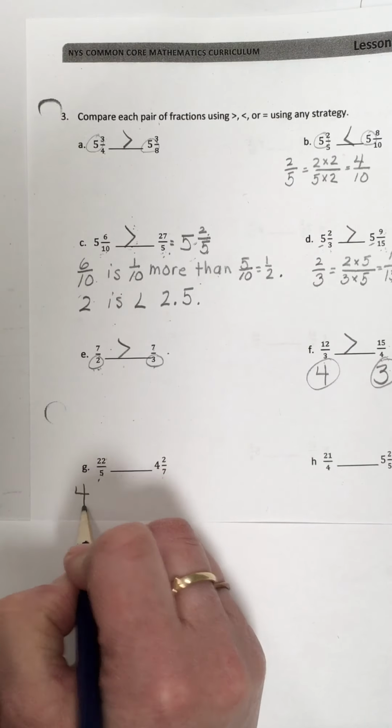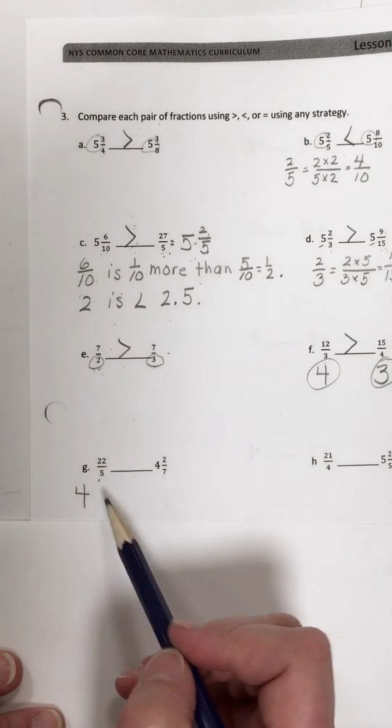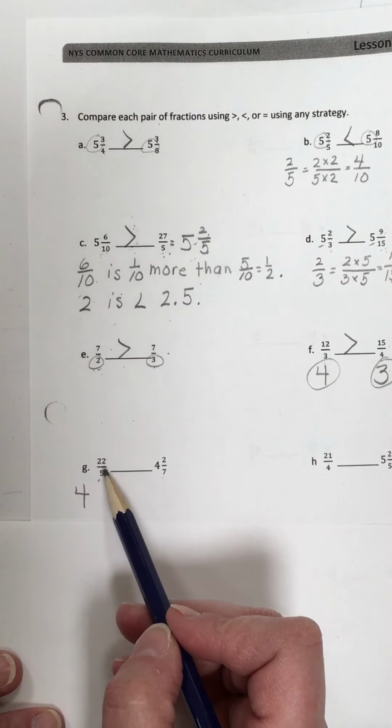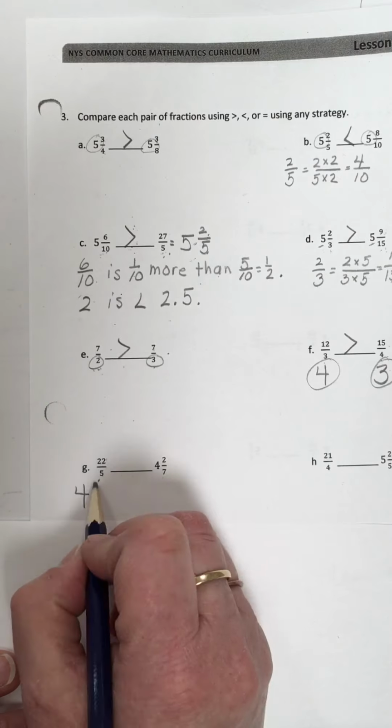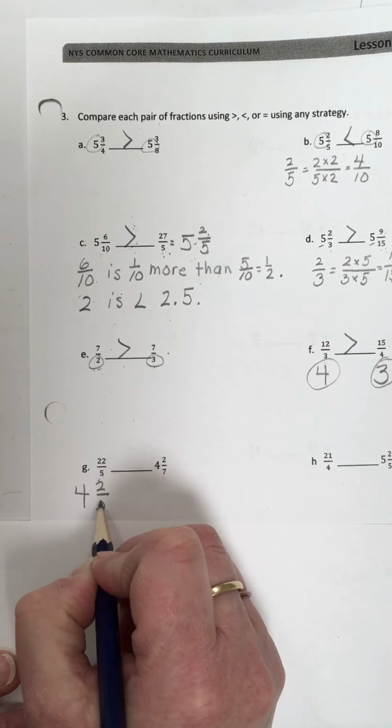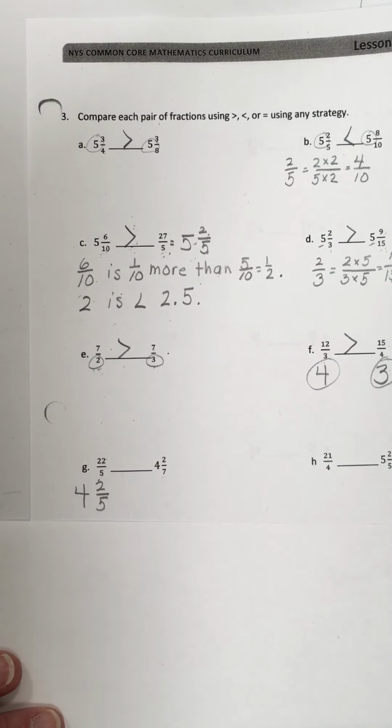That can go in 4 times. 5 times 4 is 20. So 22 minus 20 is 2. Keep the same denominator. So 22/5 is the same as 4 2/5.